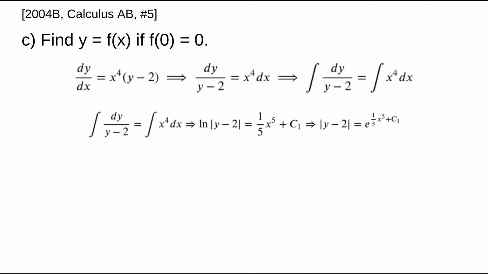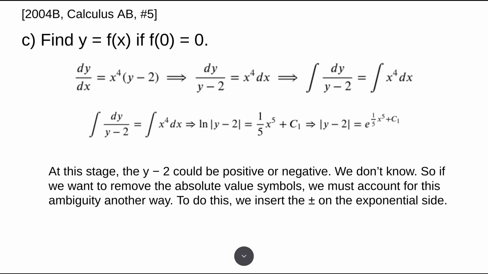And then this is where it kind of gets tricky. At this point, the expression y minus 2 could be positive or negative. We don't know. What we do know is in order to remove the absolute value, we have to account for the ambiguity of it being positive or negative some other way.